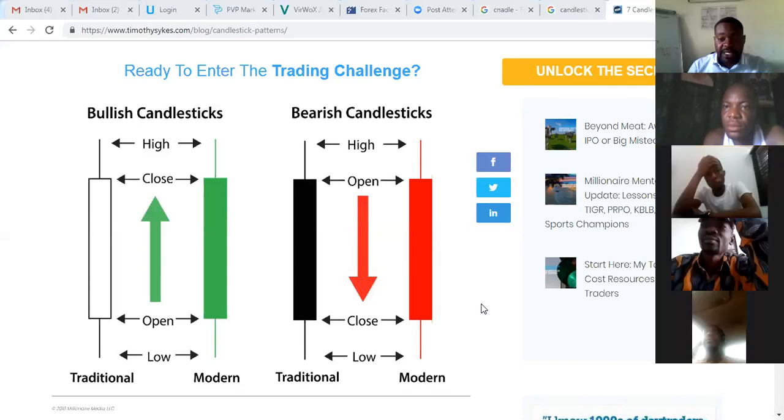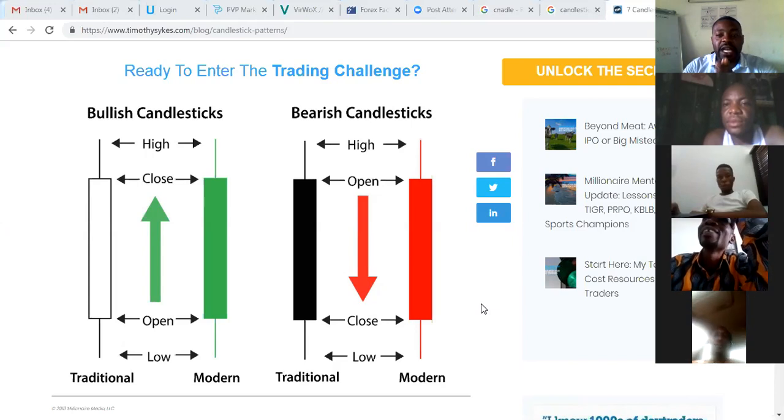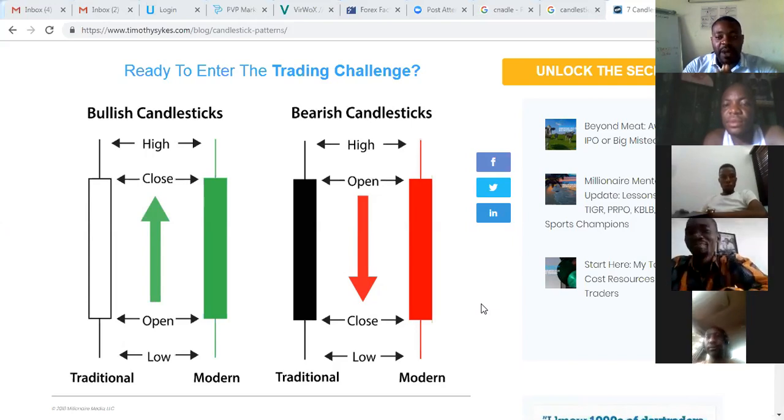These 4 are the open price, the close price, the high price, and the low price. Those are the 4 vital pieces of information that you have to understand about every candlestick.